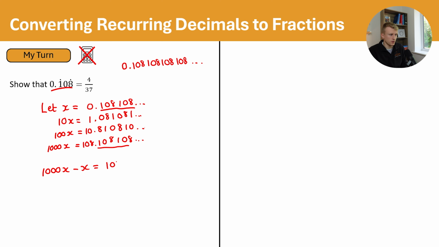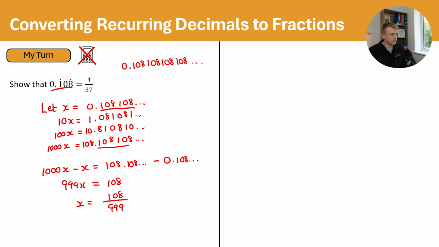That would be equal to 108.108 recurring subtract 0.108 with that long tail recurring. 1000x subtract x is 999x. That is equal to 108. So x is going to be equal to 108 divided by 999.